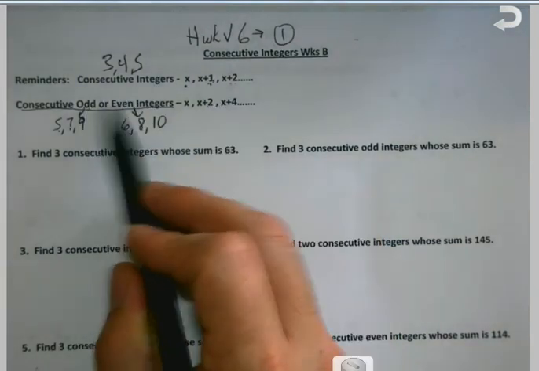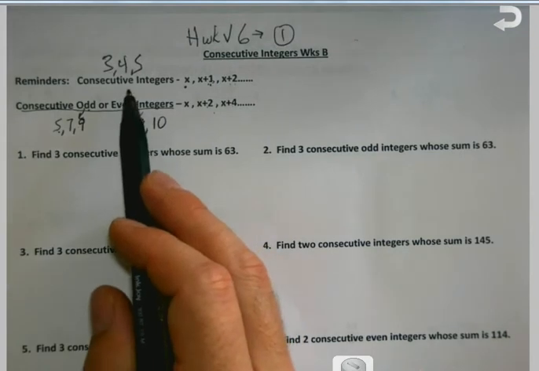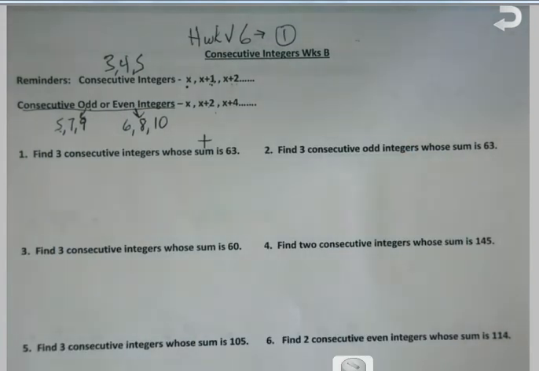If the word odd or even comes in, I keep adding 2, but that's how I'm going to make my equation. So for instance, and we're just going to do a few of these just to get back into the swing of things. If it says find 3 consecutive integers, so that's like what we got working up here, whose sum, add them up, is 63.